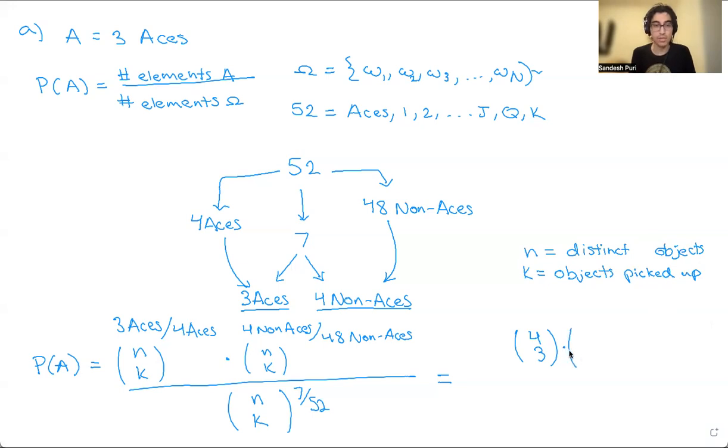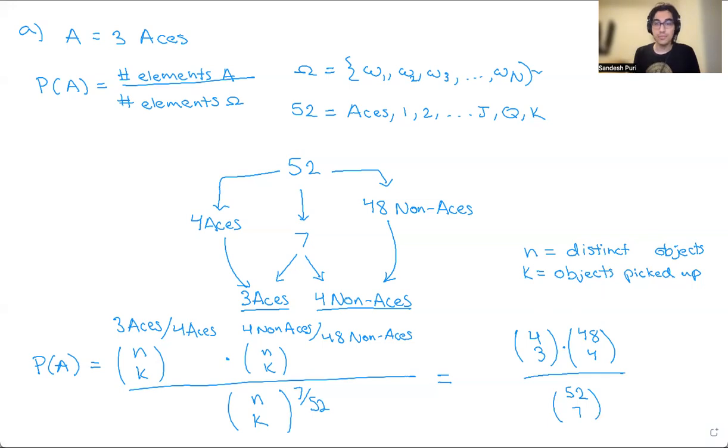And we're multiplying this by 48 choose 4. Again, this means we're picking 4 non-aces out of 48 distinct non-aces. And this is divided by 52 choose 7. Once again, this means we're picking 7 cards out of a total of 52 distinct cards. Okay.